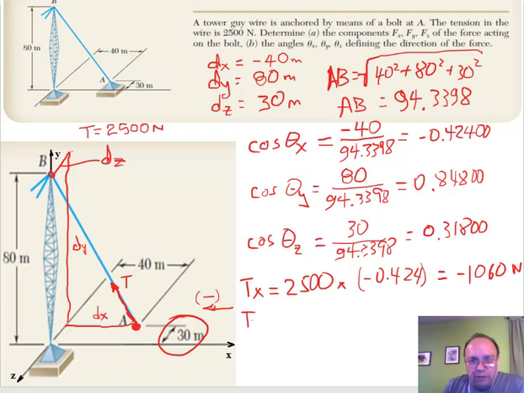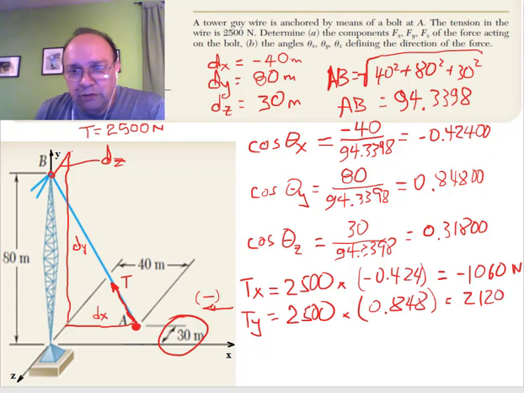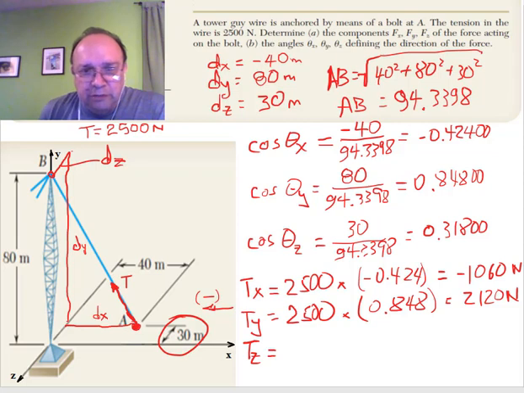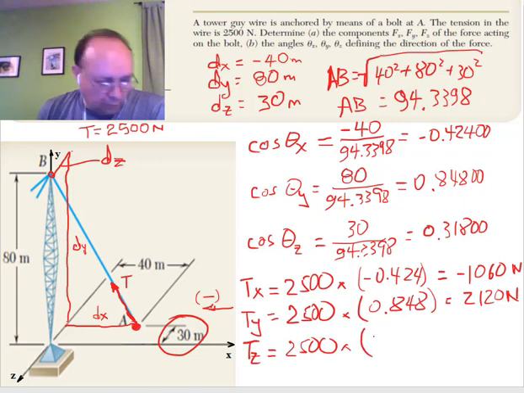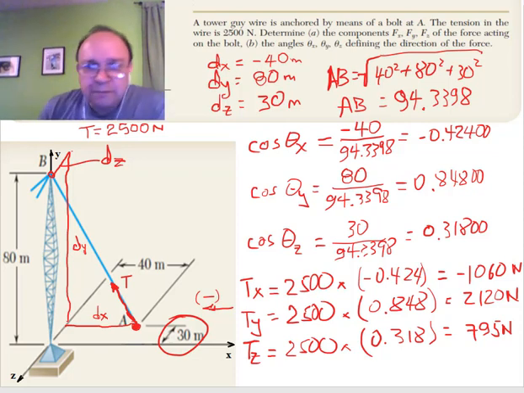The component in the y direction will be the magnitude of the force multiplied by the cosine of theta y, 0.848, equals 2120 newtons, and the component in the z direction will be 2500 times 0.318, equals 795 newtons. Alright, so those will be the components.